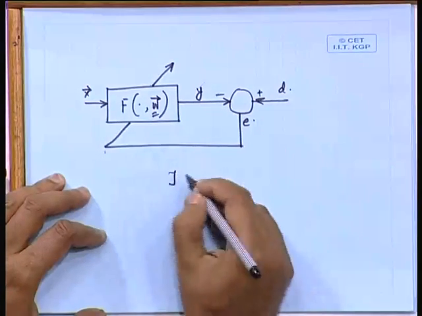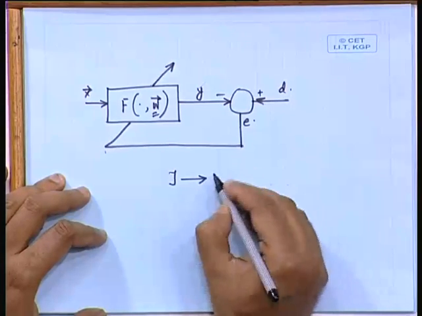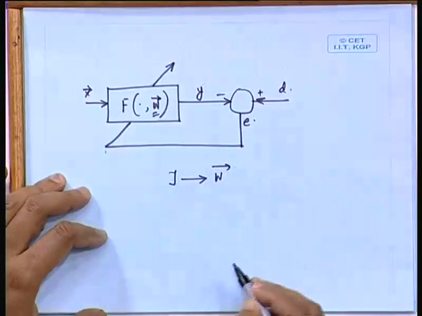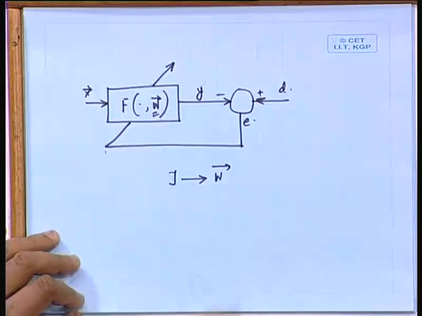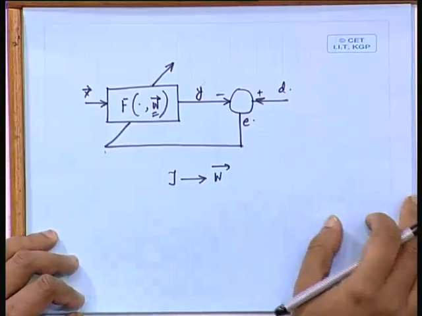This training set T is mapped into the weight vector. That is what we are doing by the process of learning in the neural network.